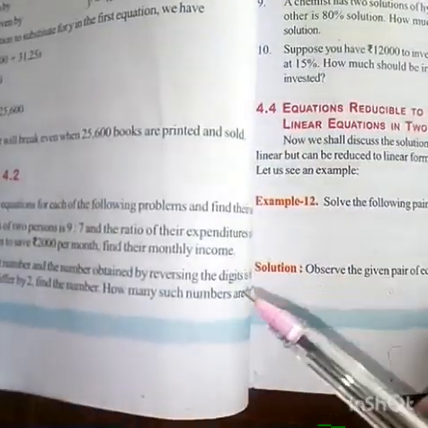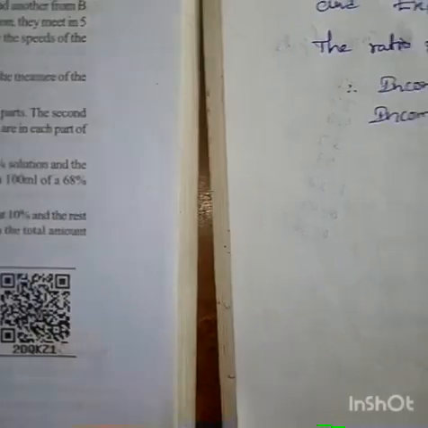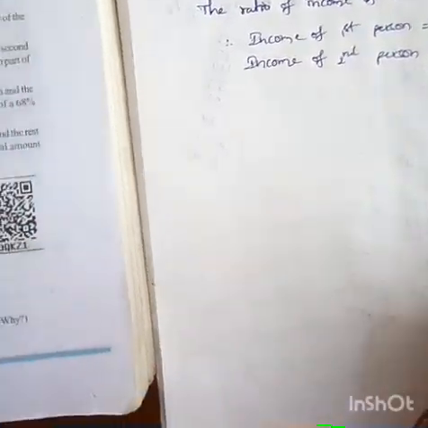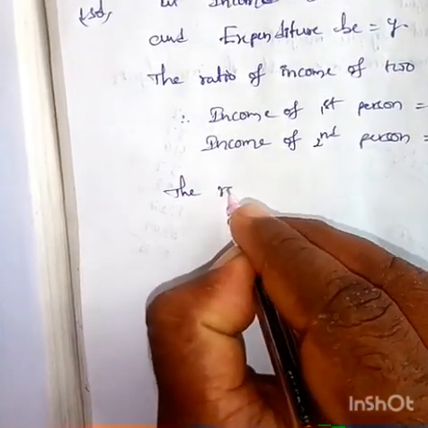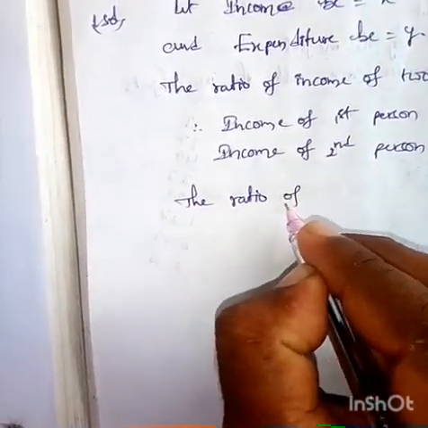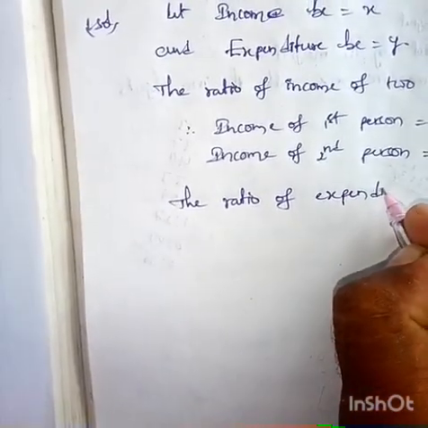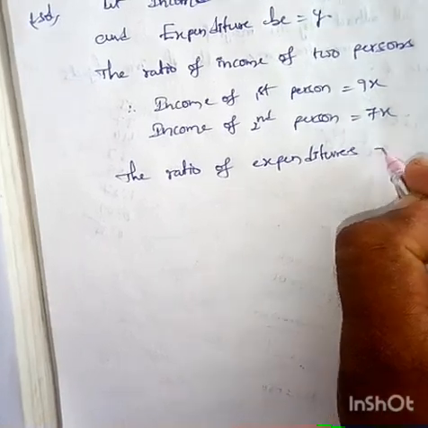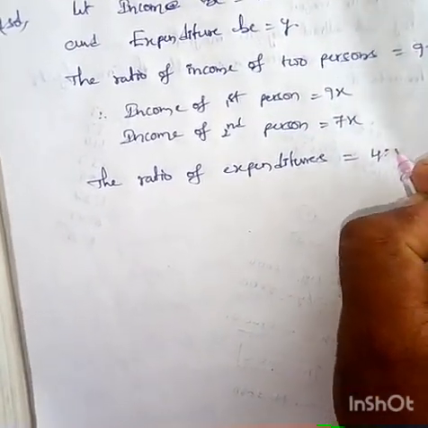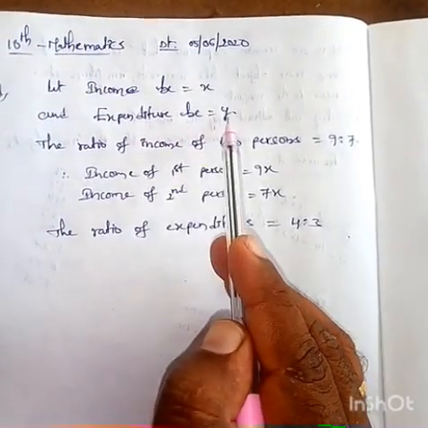So here the ratio of expenditure is also given. So what is the expenditures ratio? The ratio of expenditures equal to 4:3. So here we assume that expenditure is y.